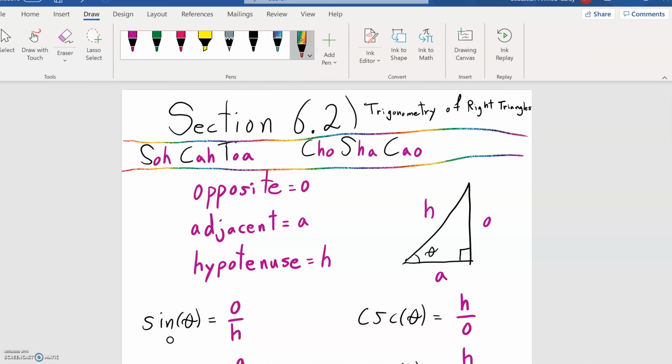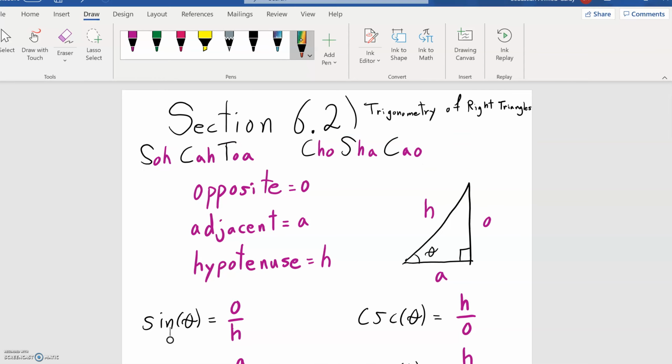Here are the two mnemonics that you have for remembering the definitions of sine, cosine, and tangent, and also cosecant, secant, and cotangent. SOHCAHTOA and SHOSHIKAO. The capital letters represent the functions. The purple letters represent the sides of that triangle. So sine is the opposite over the hypotenuse. Cosine is the adjacent over the hypotenuse. And so on and so forth.